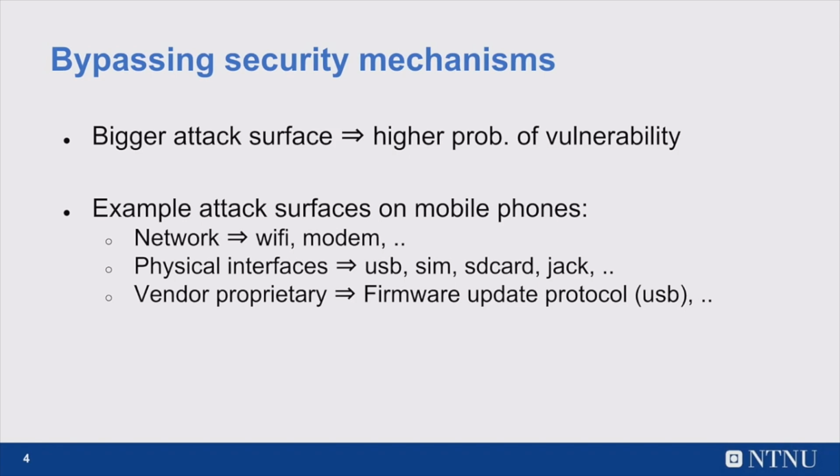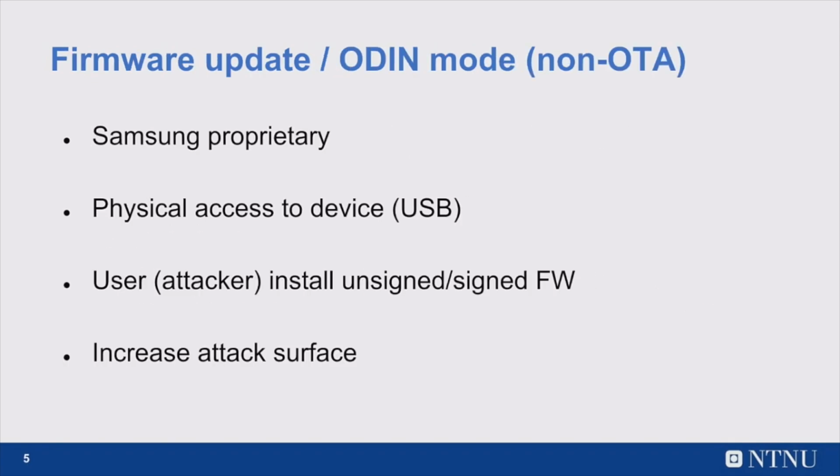You can use it to attack the protocol directly, find a vulnerability and exploit it. So there are all kinds of things you can do. You can also downgrade the device, so you can find an earlier vulnerable firmware that you can install on the device this way. So I hope we can all agree that having ODIN is better than not having it.